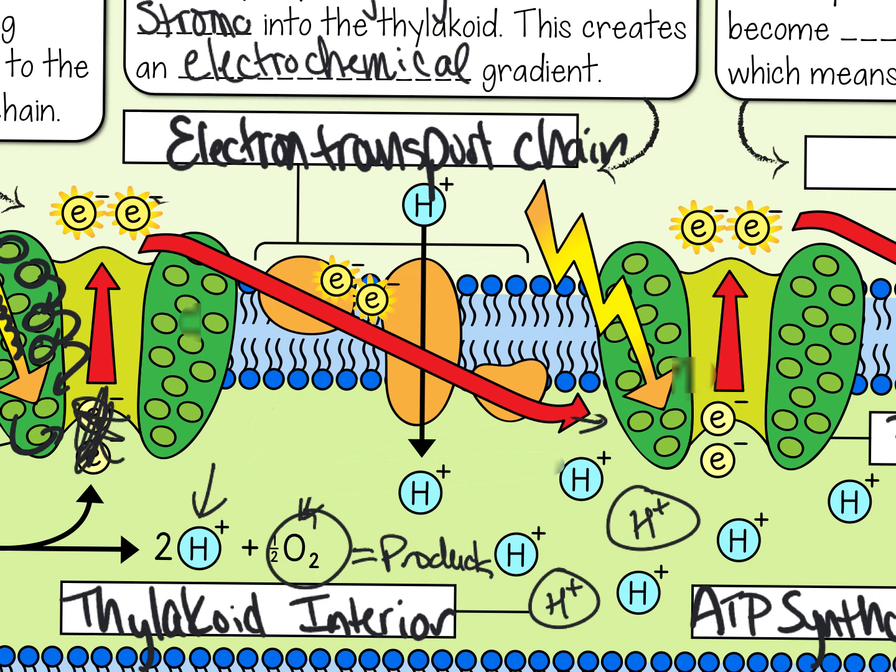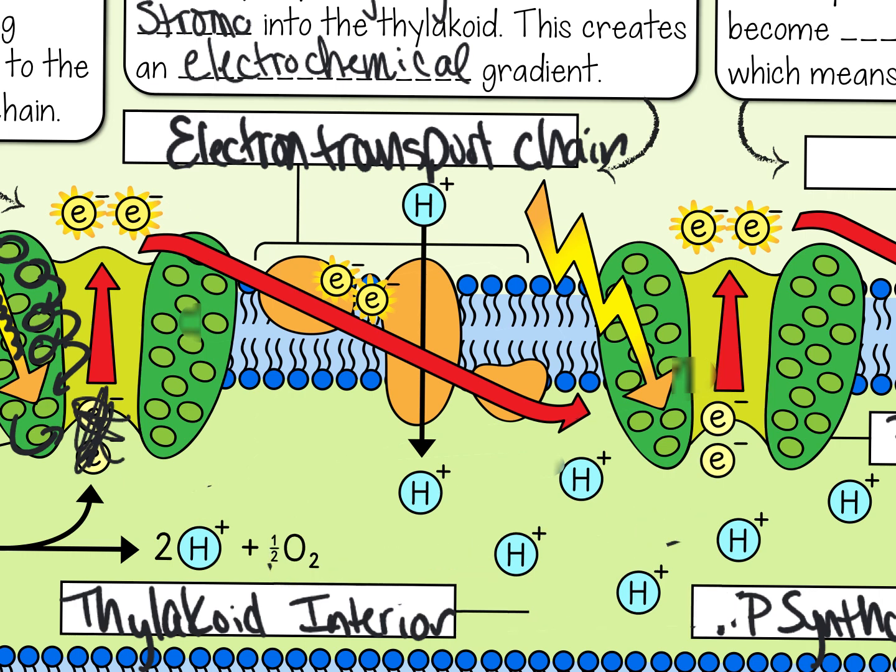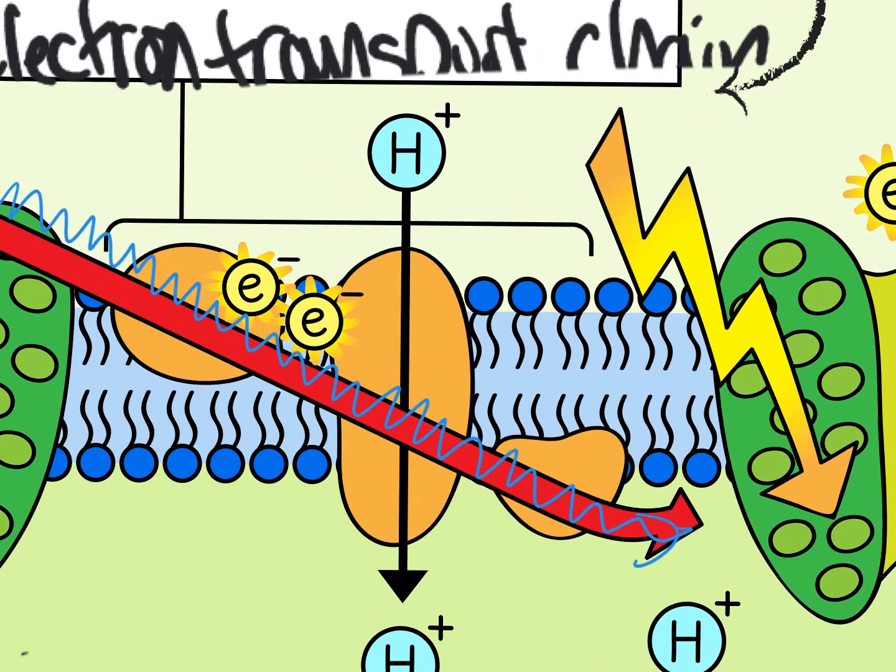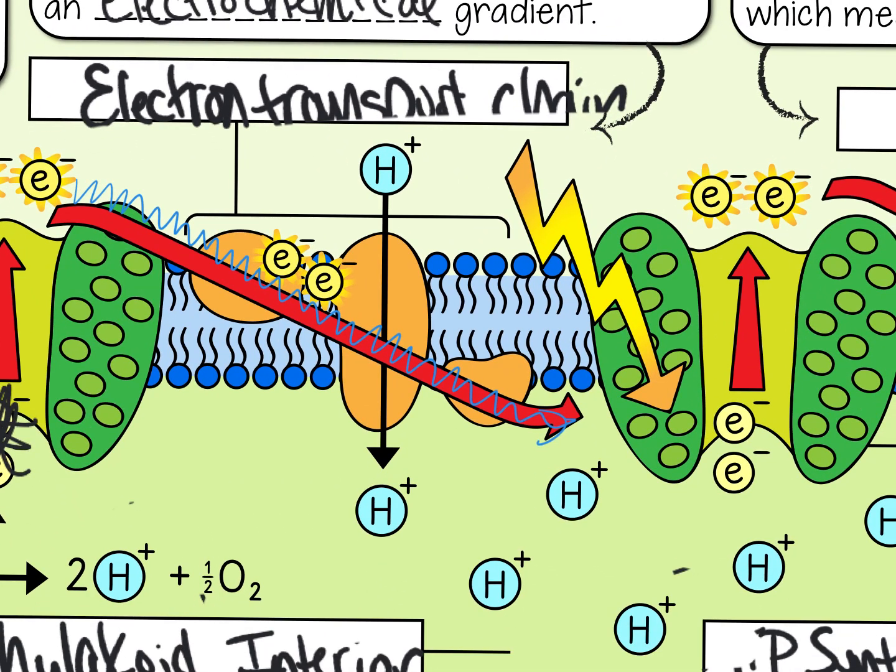All right. So let's take a look at this right here, okay? And again, you can pause this whenever you need to, okay? But let's take a look at the electron transport chain. So as my electrons are traveling down the chain, what this is doing is causing my hydrogen ions to go from an area of low concentration to an area of high concentration.